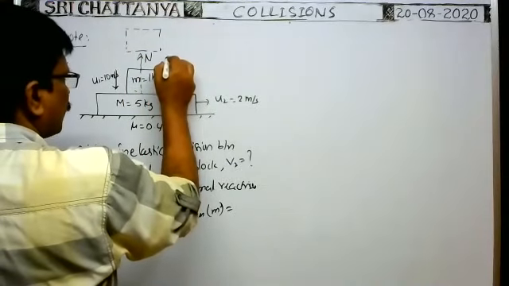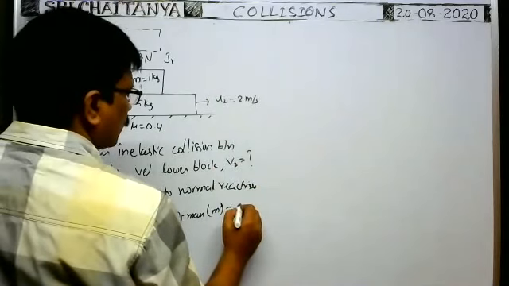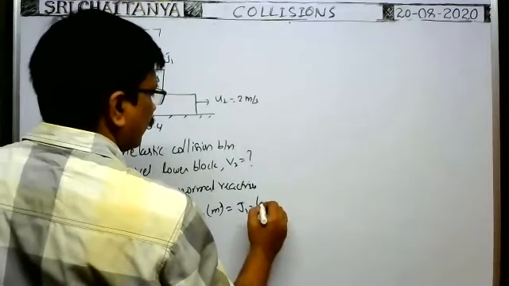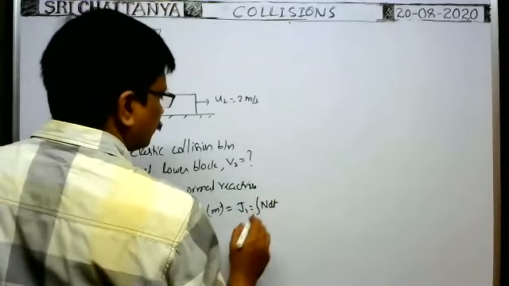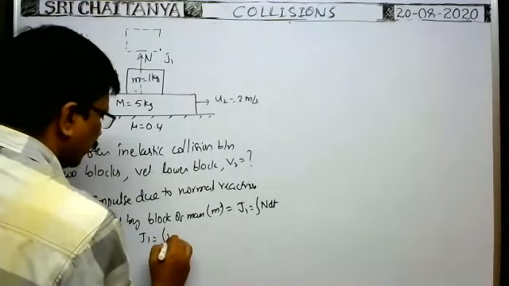Impulse received, say J1, by the small block is J1, which is equal to integral normal reaction into dt. So J1 is equal to integral n into dt.